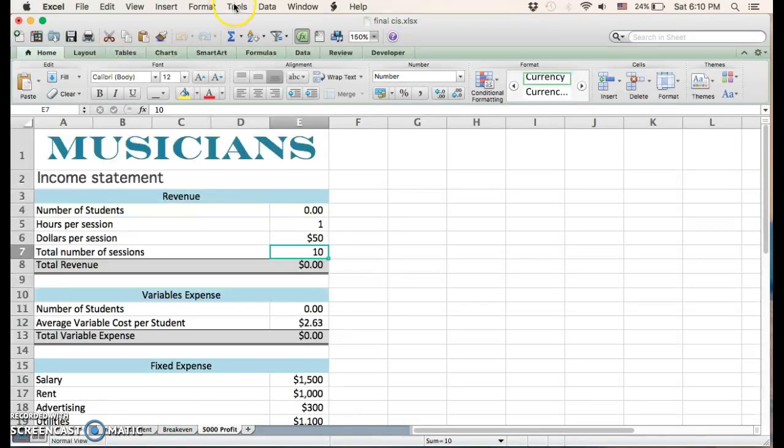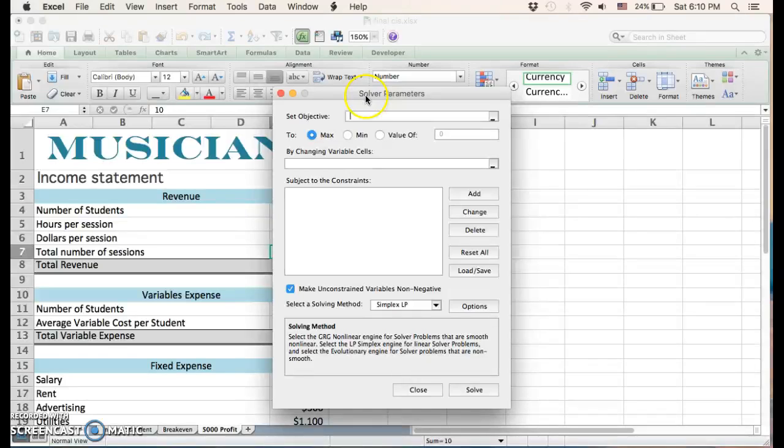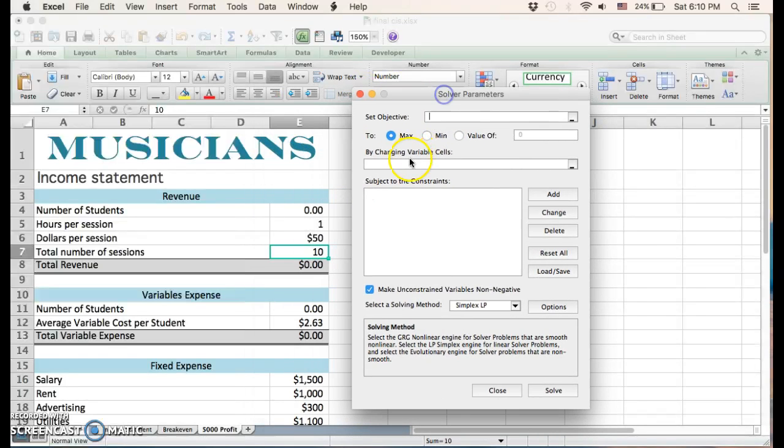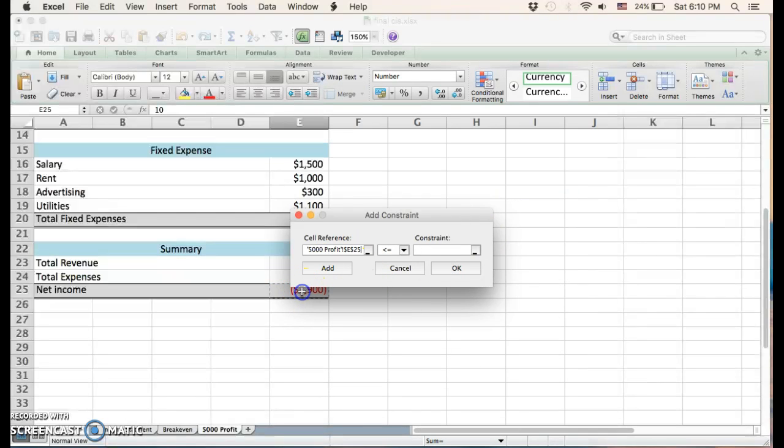So to solve that, we do the same thing again. Solver. The variable it changes is number of students. Value this time we want 5,000. Objective net income. Constraint, net income equals 5,000.